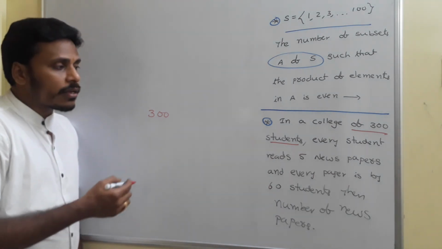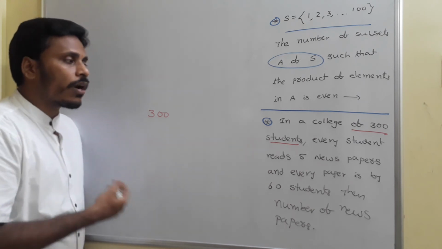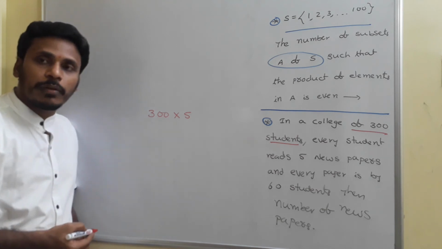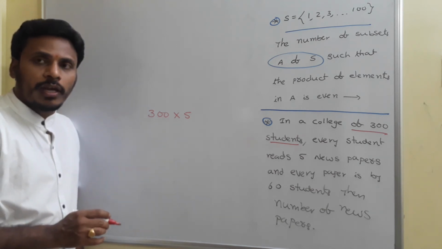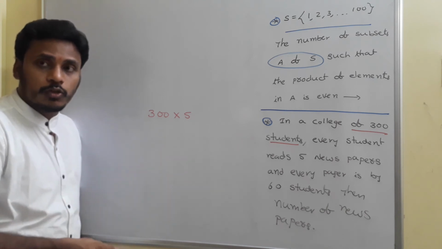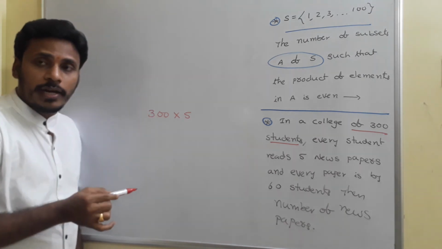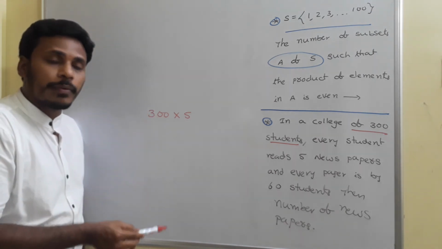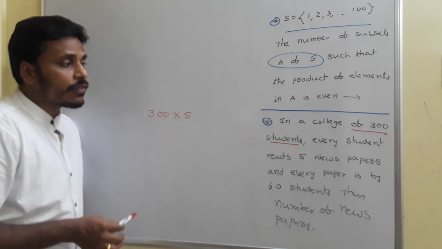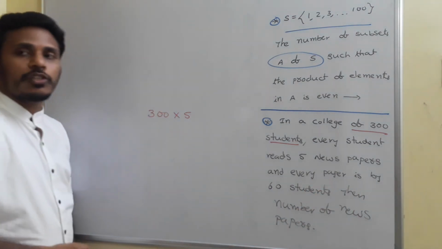Since there are different newspapers and every student reads 5, the total number of newspapers would simply be 300 into 5. Actually, the same newspaper is read by many students, but if you neglect that at first, you get totally 300 into 5 newspapers, and it is given that every newspaper is read by 60 students.